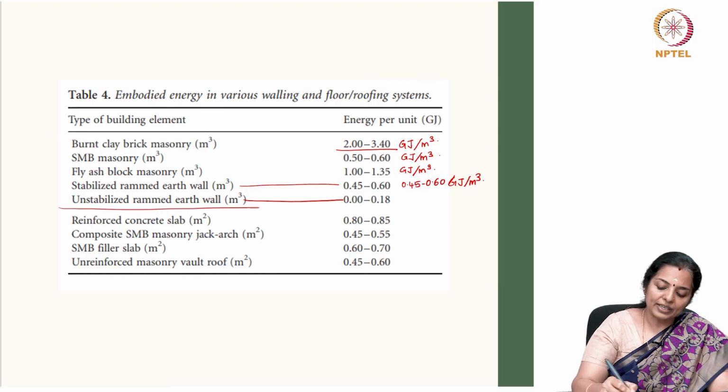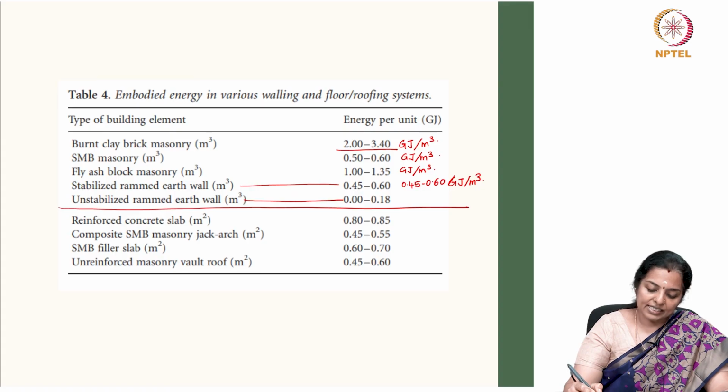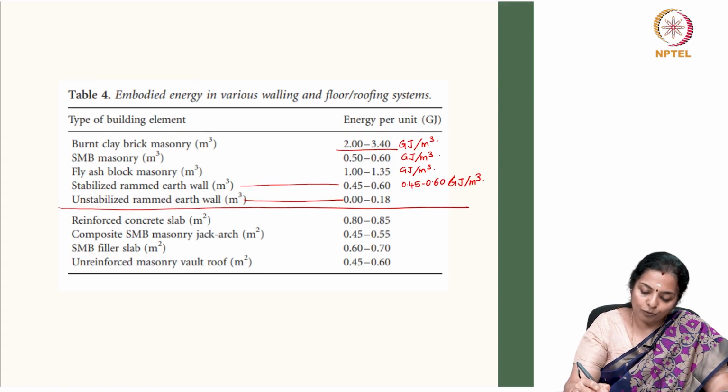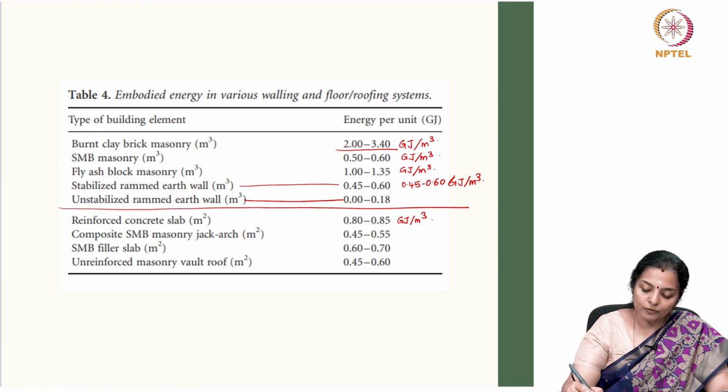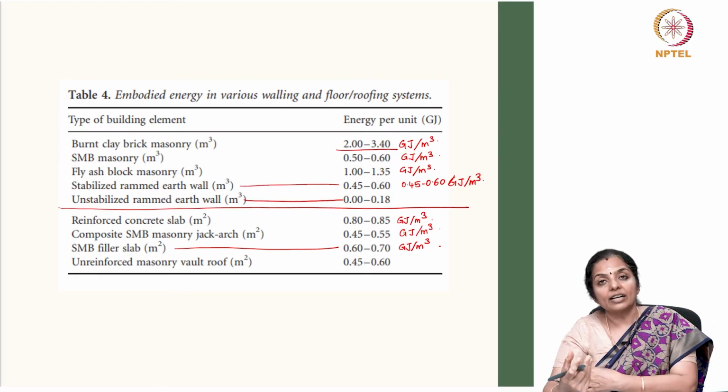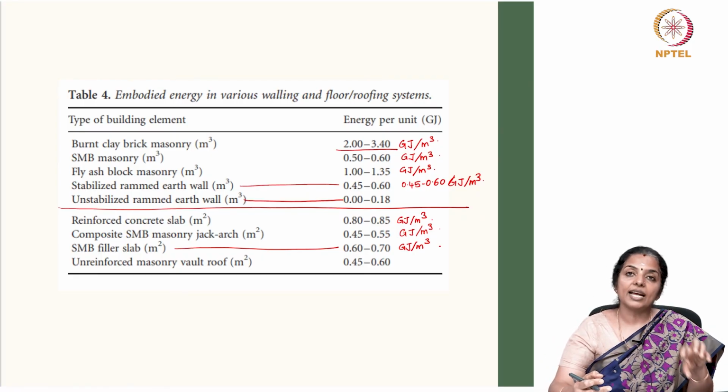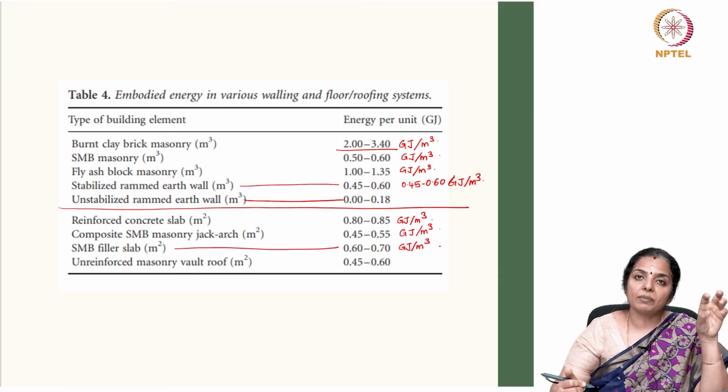If we look at the roofing system, the RCC slab has embodied energy of 0.8 to 0.85 gigajoules per meter cube, composite stabilized mud block masonry jack arch roof system has about 0.45 to 0.55 gigajoules per meter cube, whereas stabilized filler slabs have 0.6 to 0.7 gigajoules per meter cube, and could get further reduced or increased based on the nature of the elements that are placed in the filler component, in the void component.